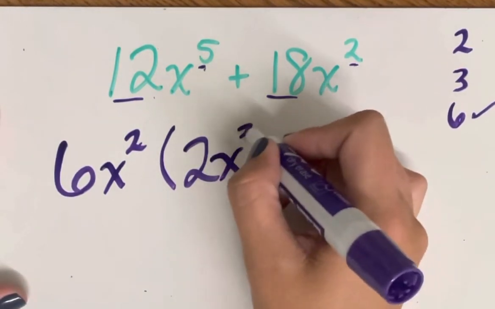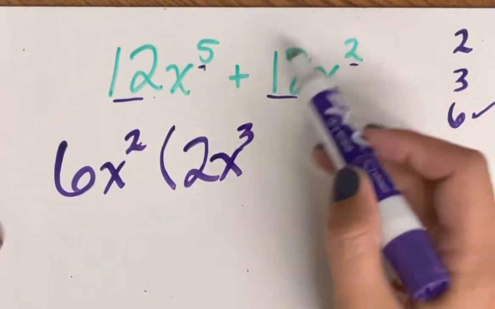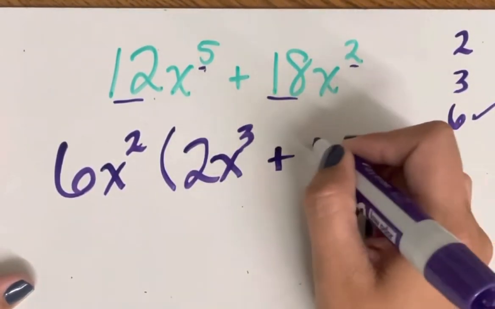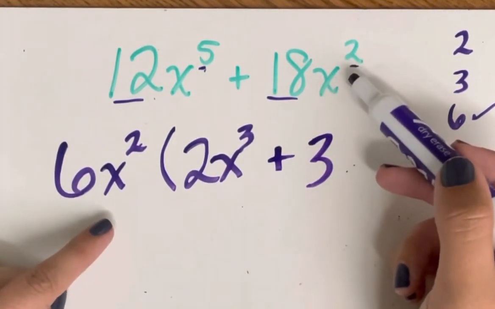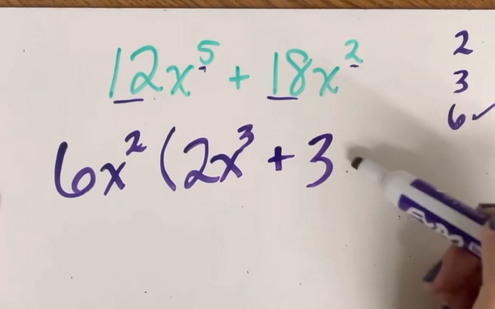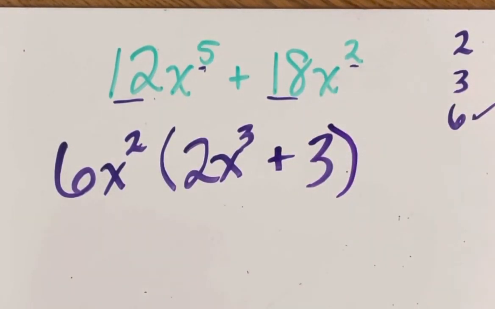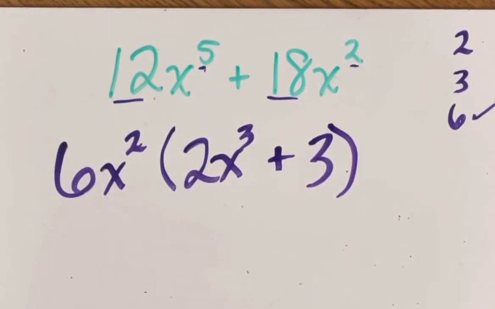And in this case, what remains is a 3, so x to the 3rd. Now in this second term, when I'm factoring out 6 from 18, I'm left with positive 3. X squared and x squared, since these are the same, there actually isn't going to be a variable remaining since they're equal. So this is how we would factor 12x to the 5th plus 18x squared.